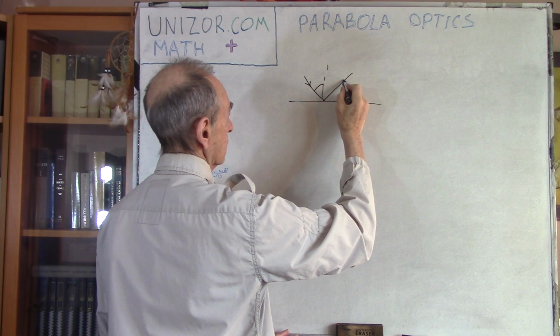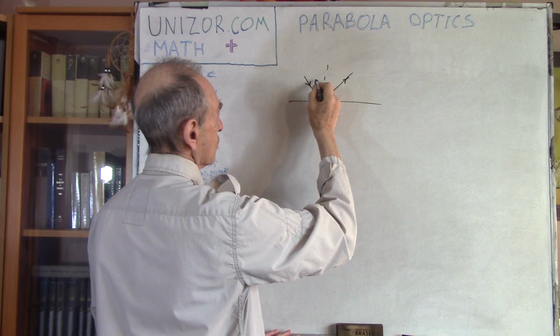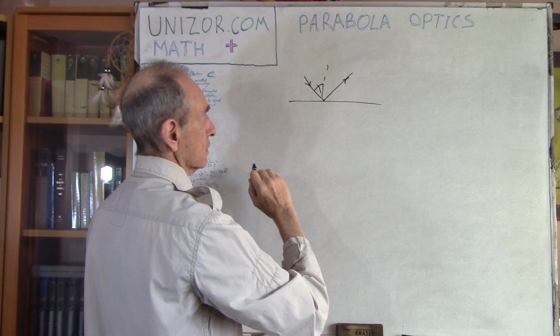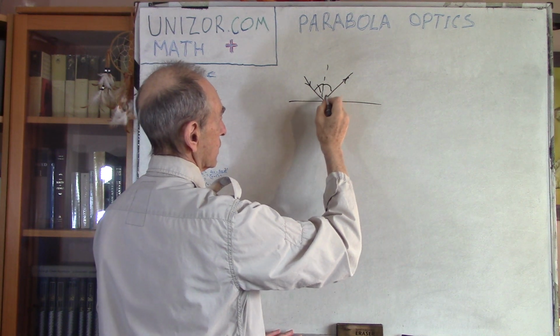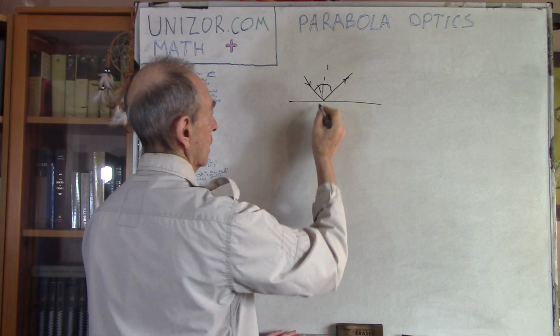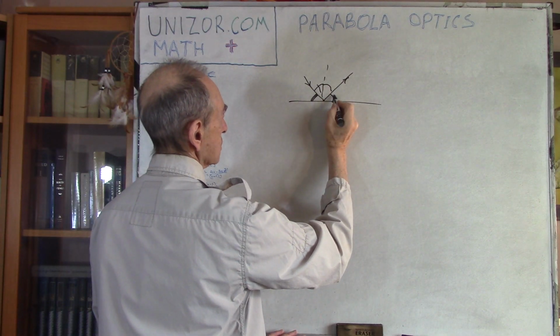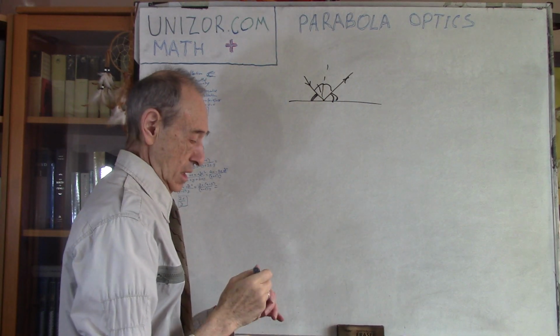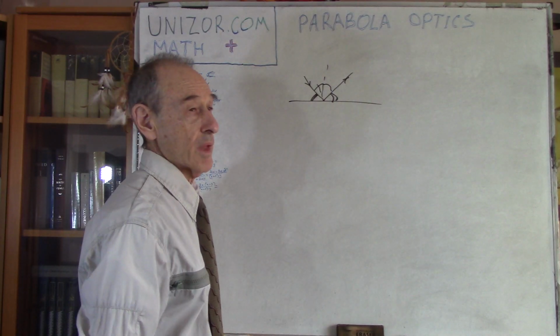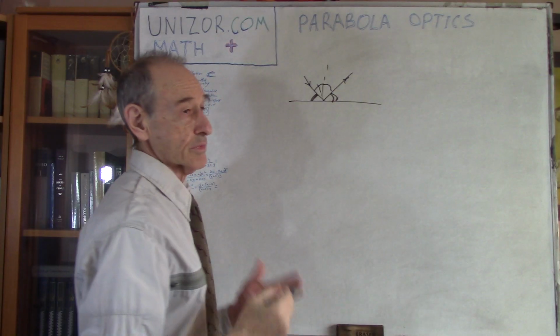If this is the ray of light, this is called the angle of incidence. This is the reflection, and these angles are equal. That's the law of reflection. Obviously these two are also equal because they complement to 90 degrees.